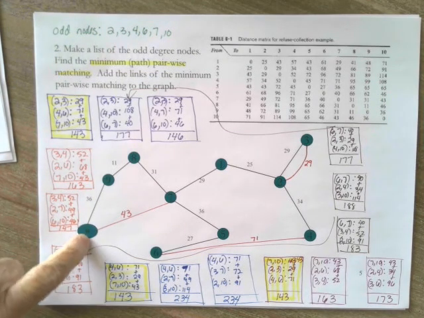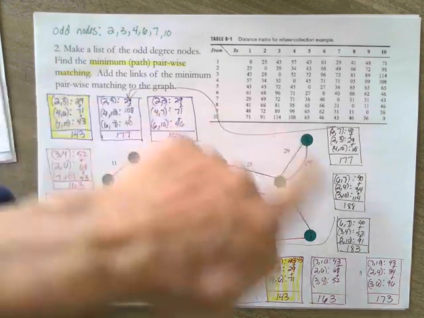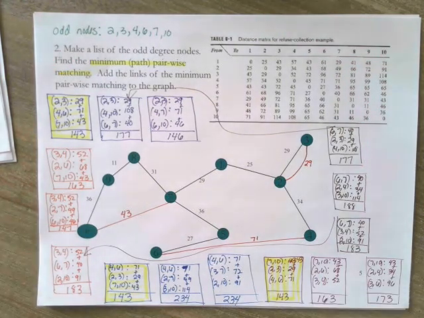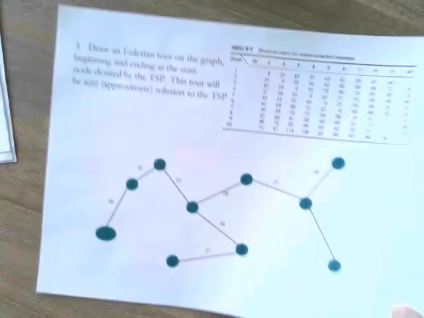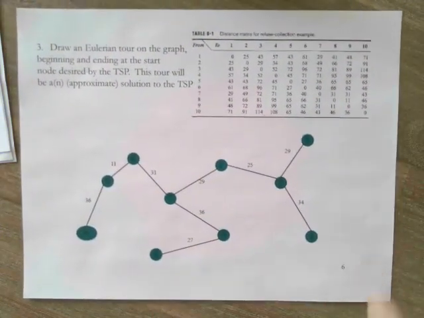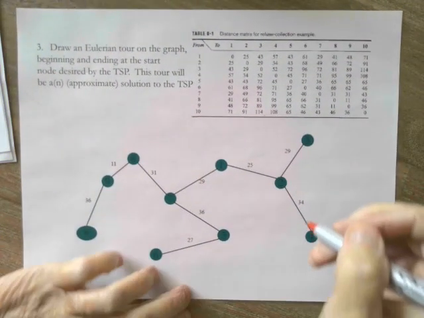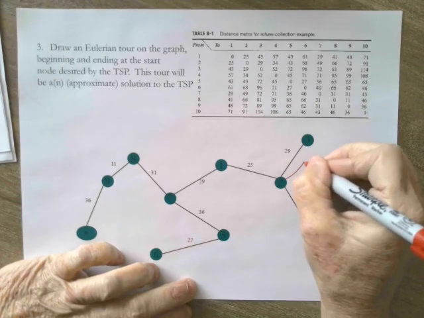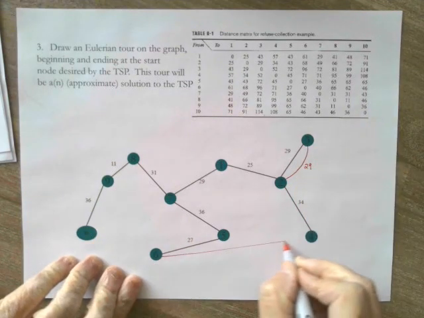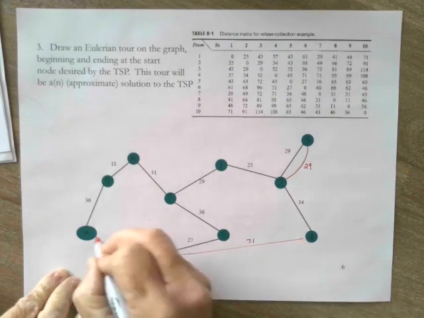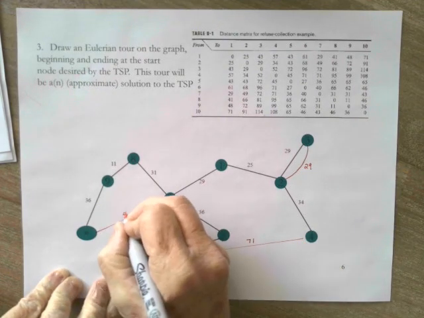I don't know why they didn't start with 1 over here, but that's fine. So here we have step 3. Now what I have to do is draw those links back in, to continue with the algorithm. So we have a 29 here, and then we have a 71 here, and then a 43 here.